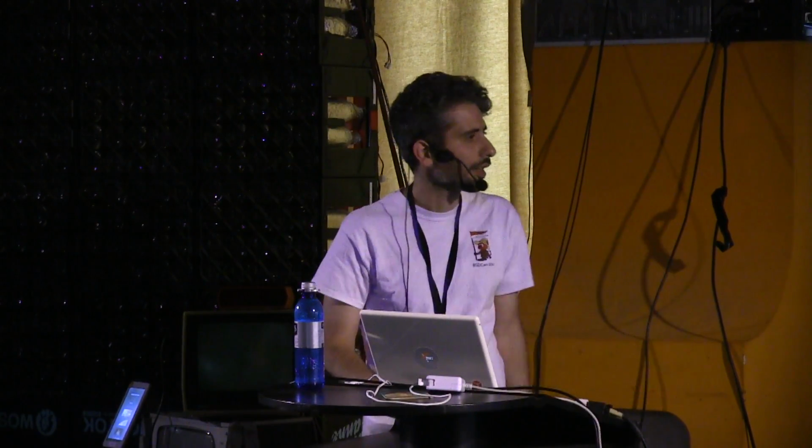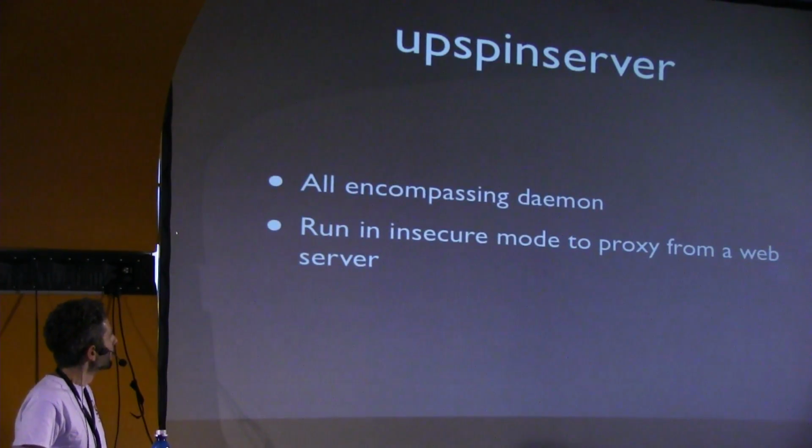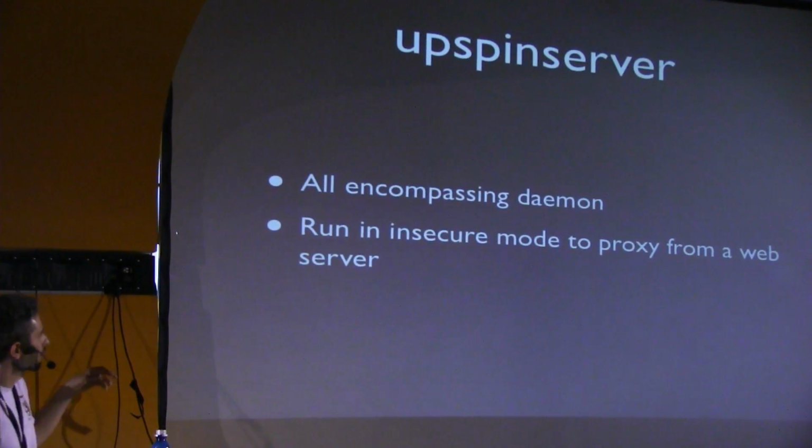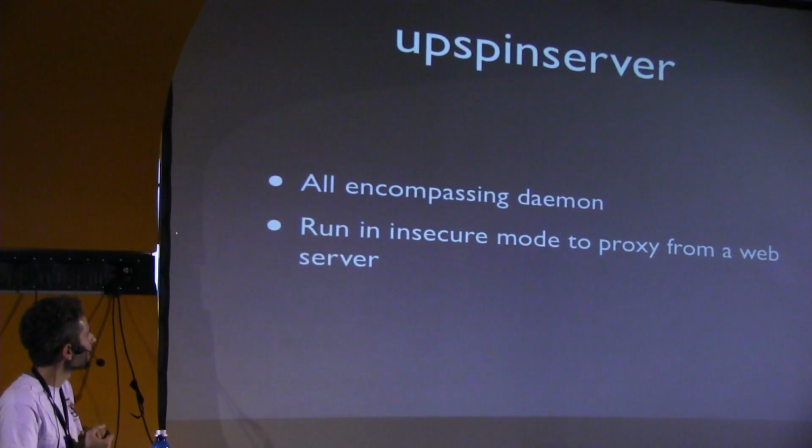But I have this, and I'm using it from package source on FreeBSD, to share with multiple clients on Mac OS without any issues. So the main component of it, if you wanted to run your own instance, is this upspin server binary.